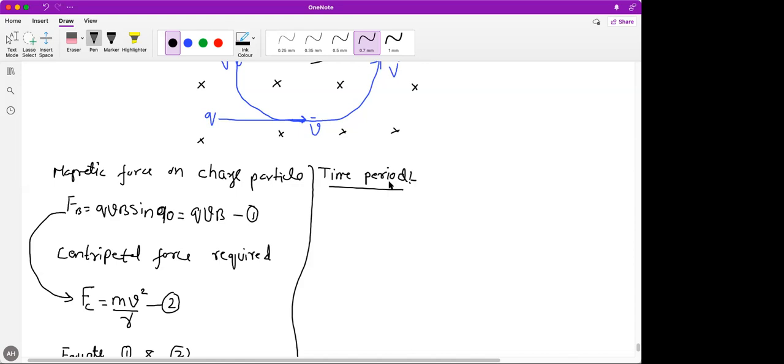Time taken to complete the circular path. Time taken to complete the circle, right? Time taken by the particle to complete one revolution.